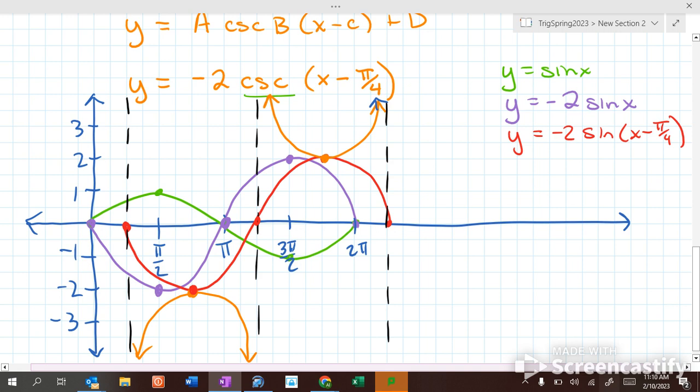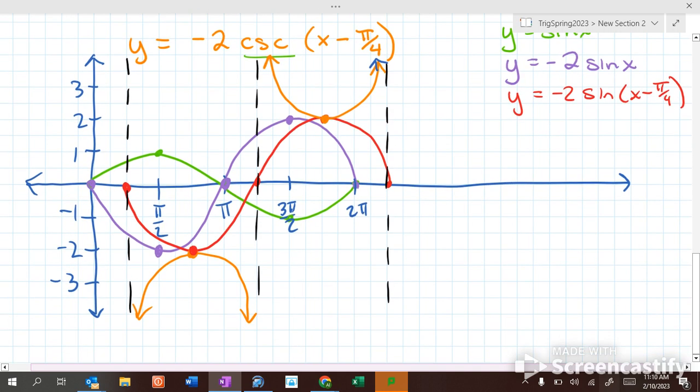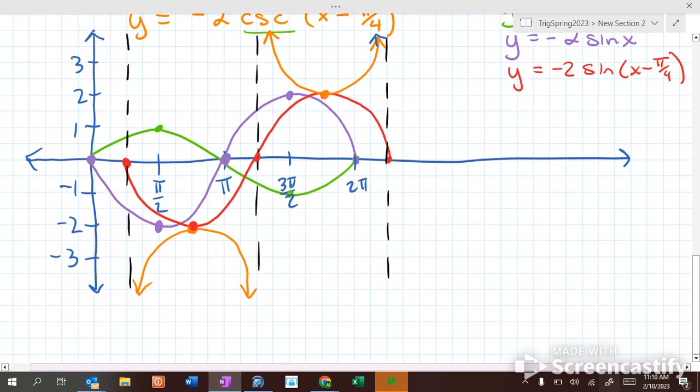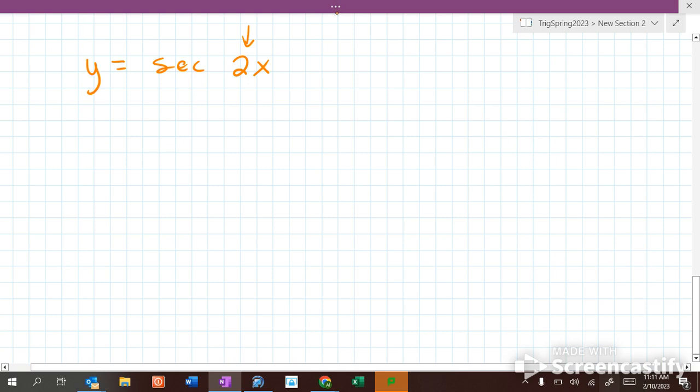Let's do one more, and I'm going to call it good for the day. So now what I'm going to graph is y equals the secant of 2x. What does a 2 affect? The period.